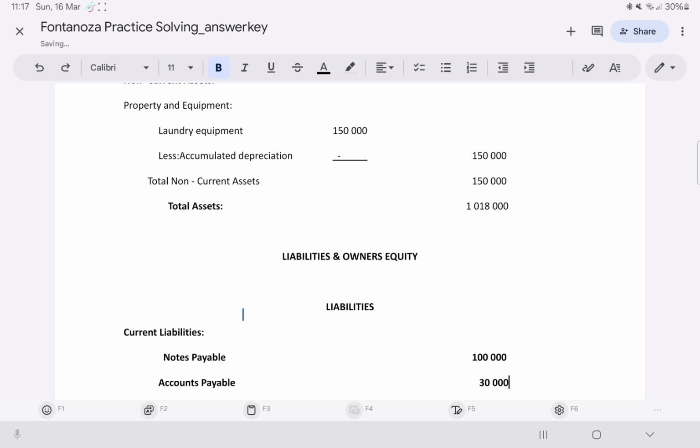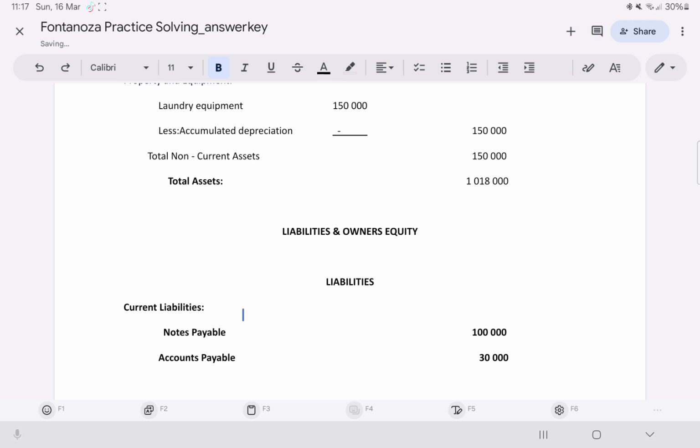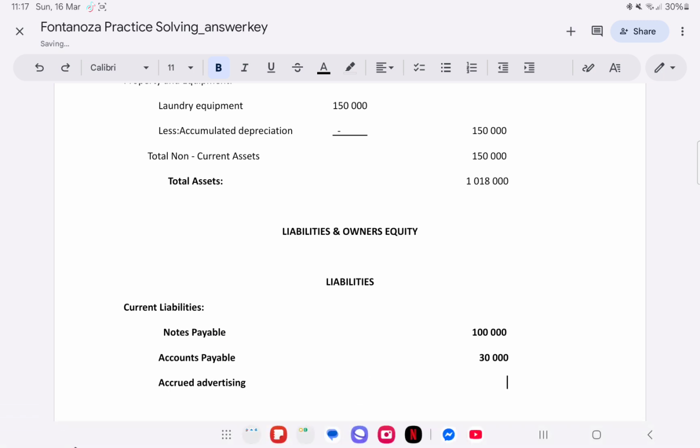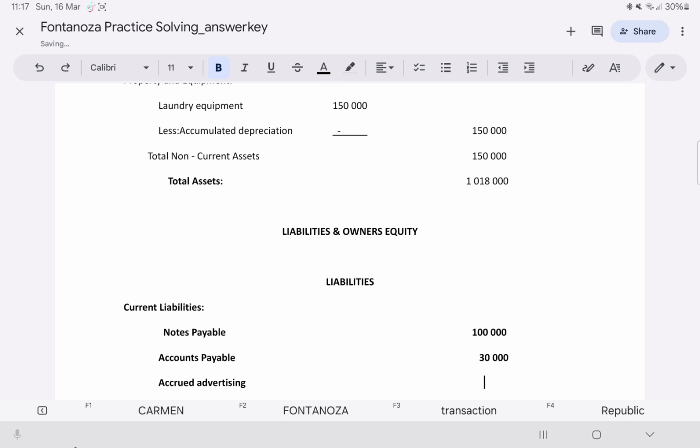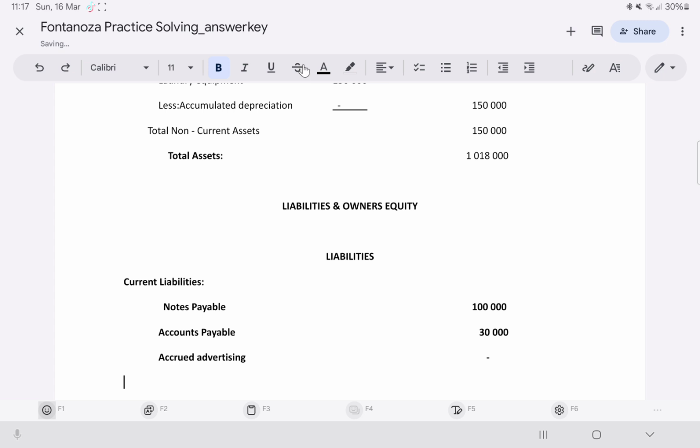And we have accrued advertising, with no amount yet since the additional information is not included, so just put a dash.